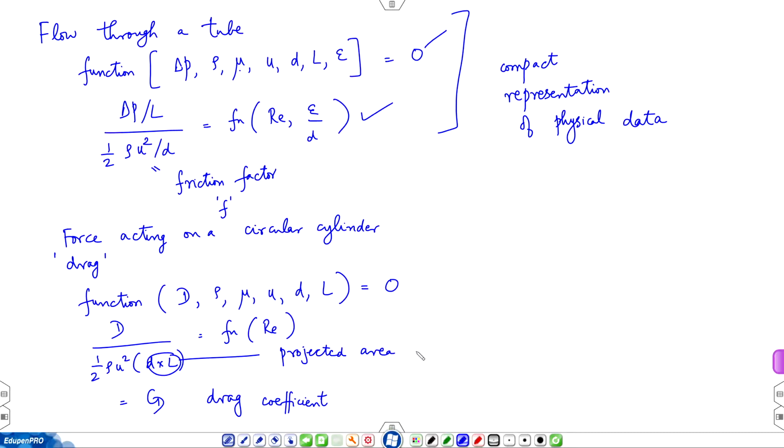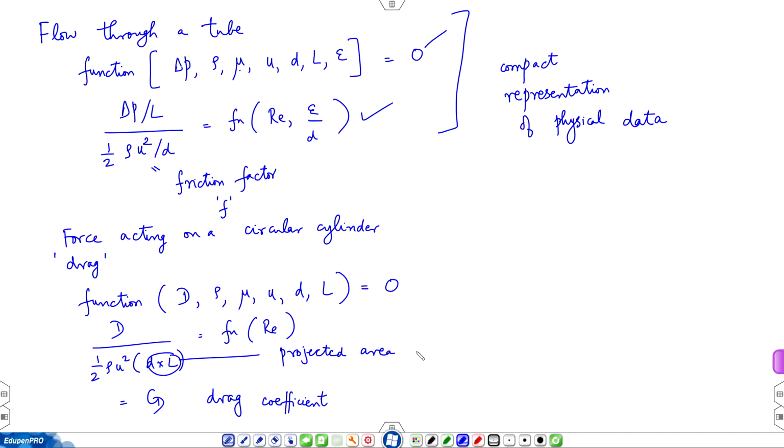Something similar happens for this external flow problem. If you replace dl, which is the real projected area for a long circular cylinder, by the projected area of any other object, that relationship remains practically unchanged. So, it is a useful information to have.